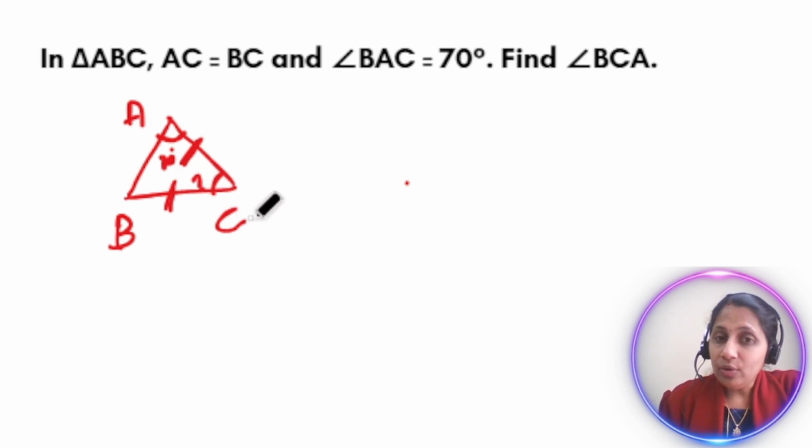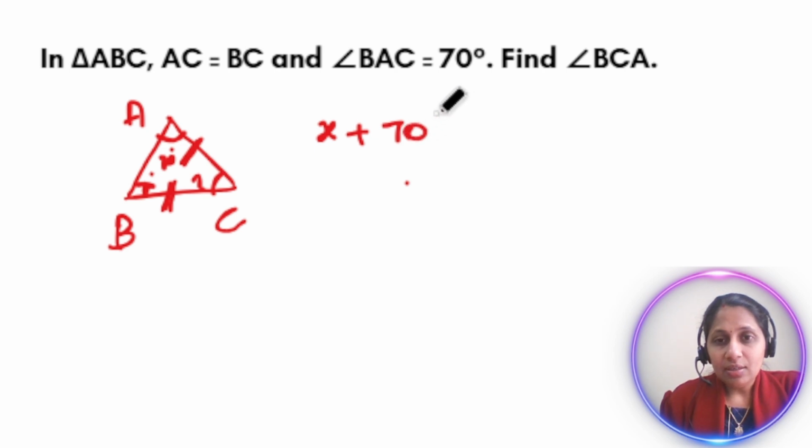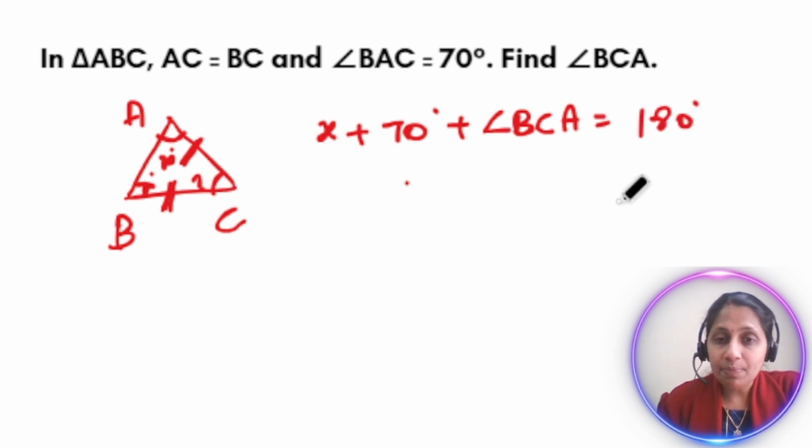As you all know, if two sides are equal, then their corresponding base angles will be equal according to the property. So now let's assume this as x. x plus 70 plus angle BCA equals 180 degrees, which is nothing but the angle sum property.